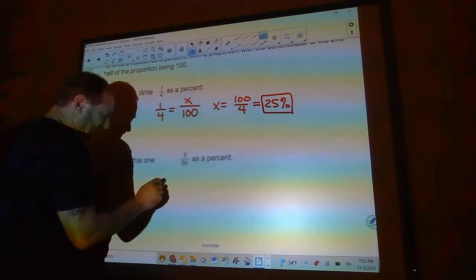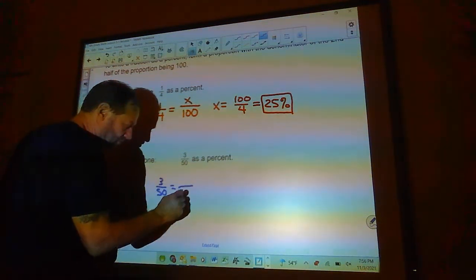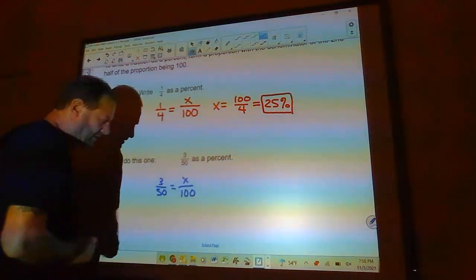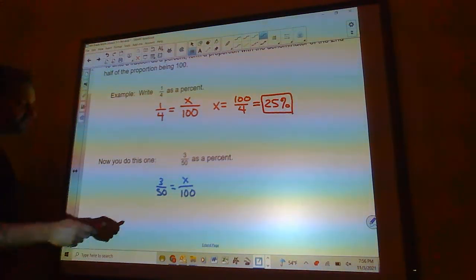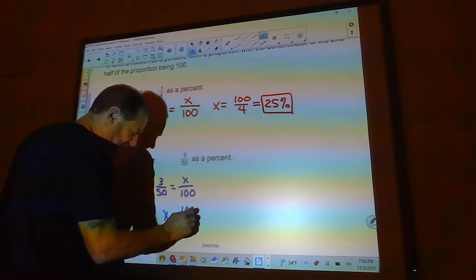Okay, so we're going to take this fraction, 3/50ths. We're going to set that into a proportion with 100 being in the bottom over here. So this is going to be 100 times 3 divided by 50.